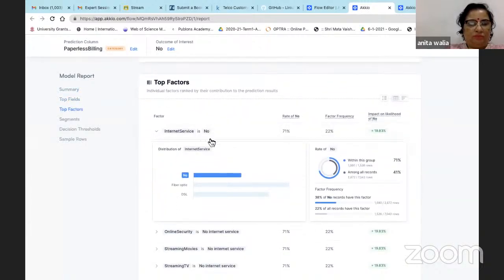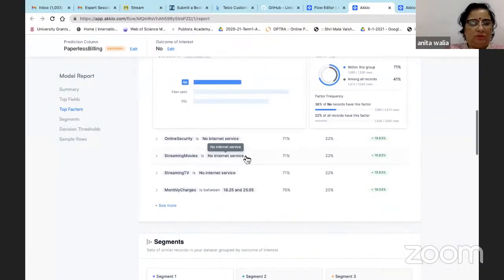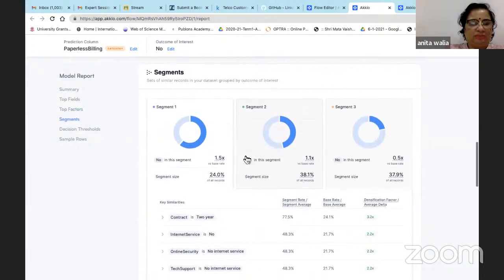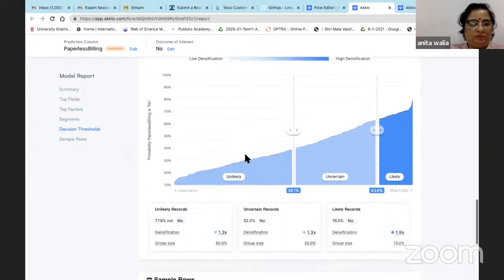See your top factors which can influence: internet service, no; online security, streaming movies, streaming TV, monthly charges, segmentations, all decisions are over here.